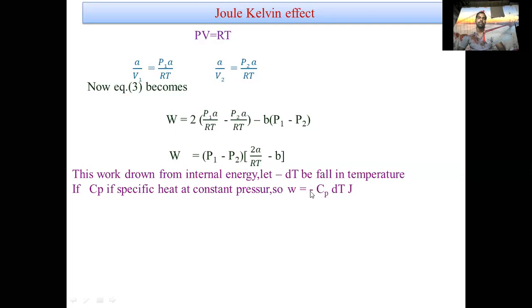That's why W = −Cp dT J. This is equal to this value. Now this final equation is rewritten: −Cp dT J = (P1 − P2)(2a/RT − b). This value.